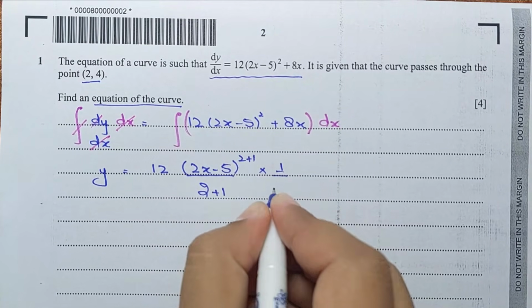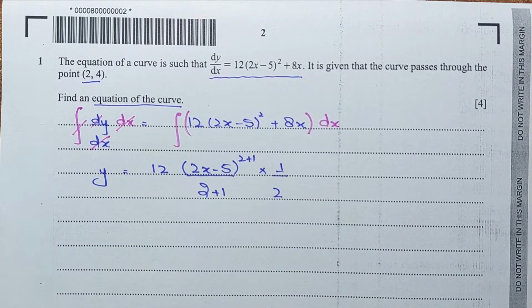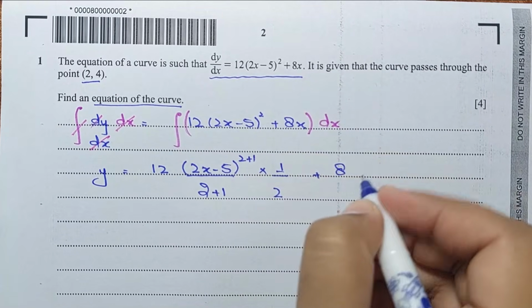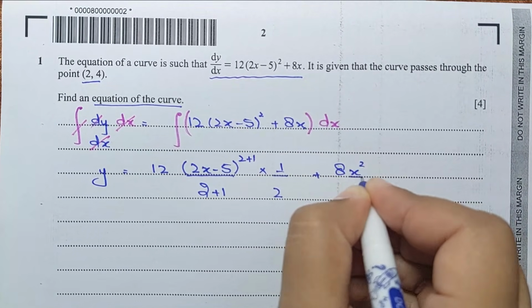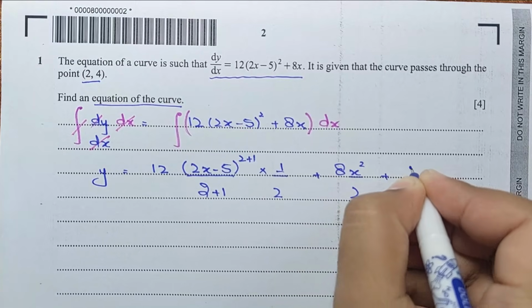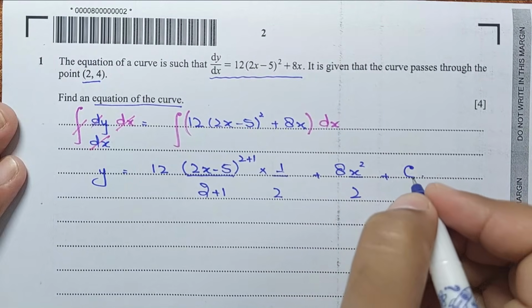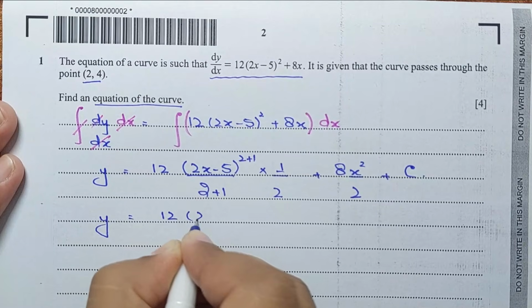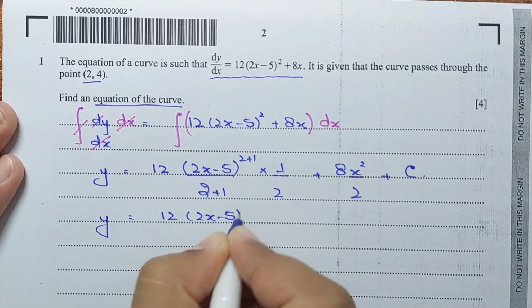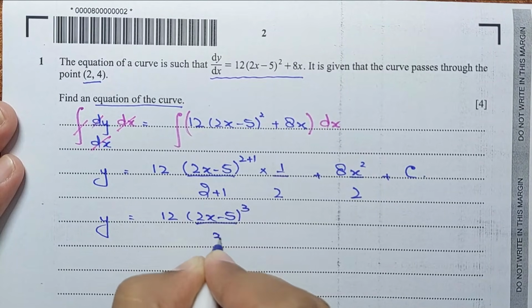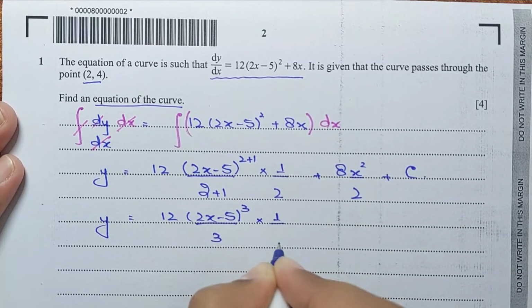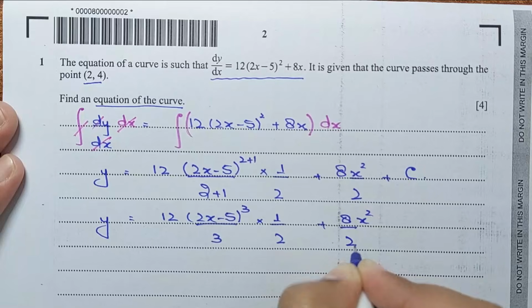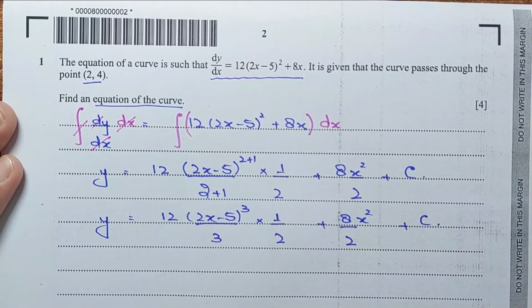The derivative of 2x is just 2, and the derivative of minus 5 is 0. Plus 8 is a constant, and the integration of x is x squared over 2, plus some constant of integration. So y equals 12 times (2x minus 5) cubed over 3, multiplied by 1 over 2, plus 8x squared over 2, plus c.